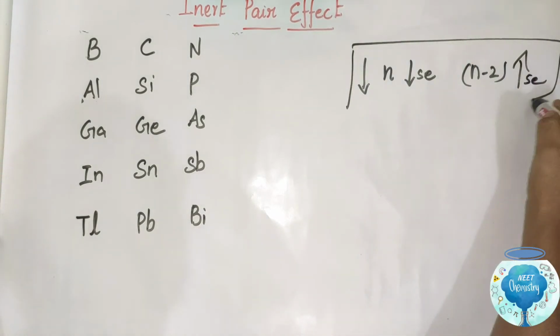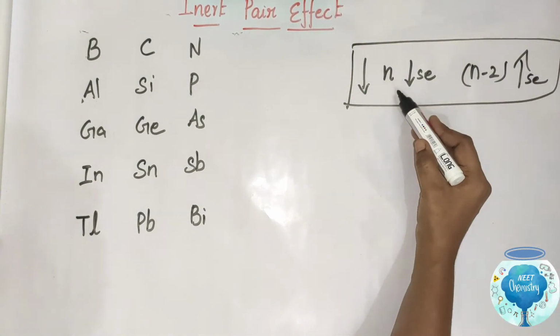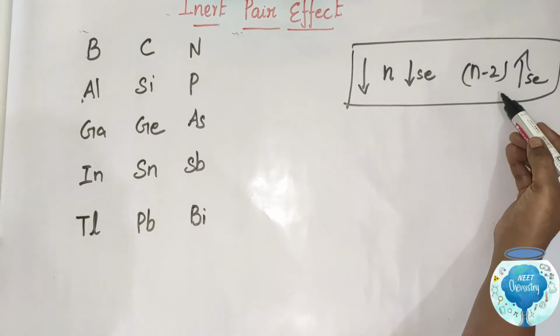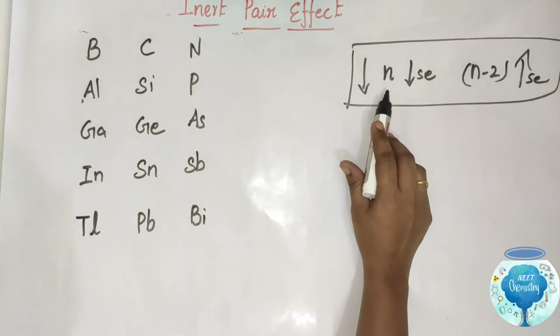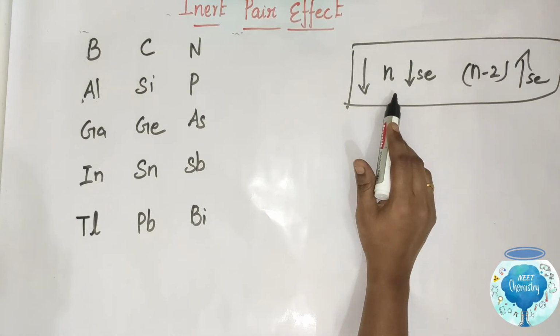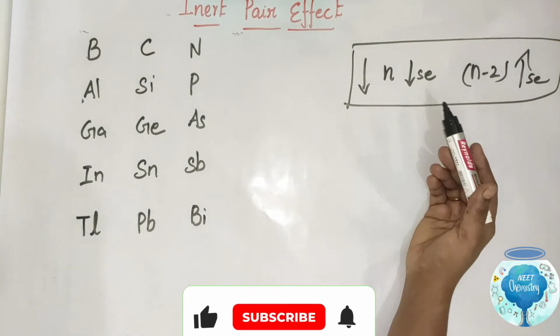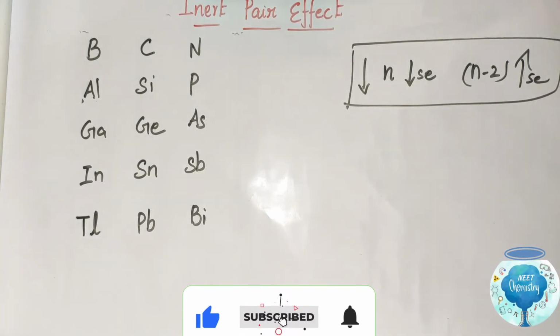Remember this: down the group, the N state decreases and the N-2 state increases due to the inert pair effect. Here N is called the maximum oxidation state.